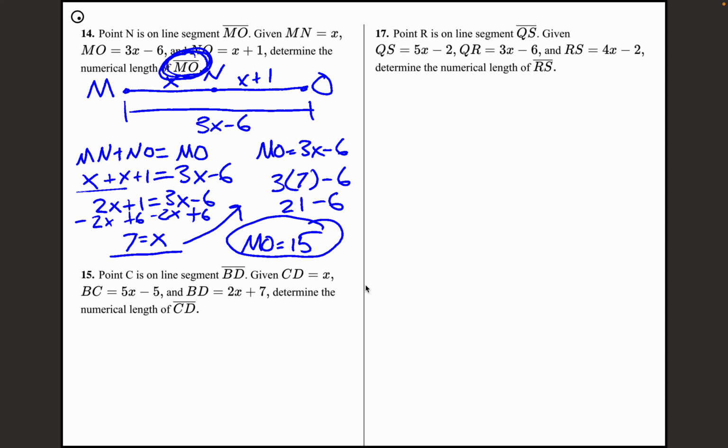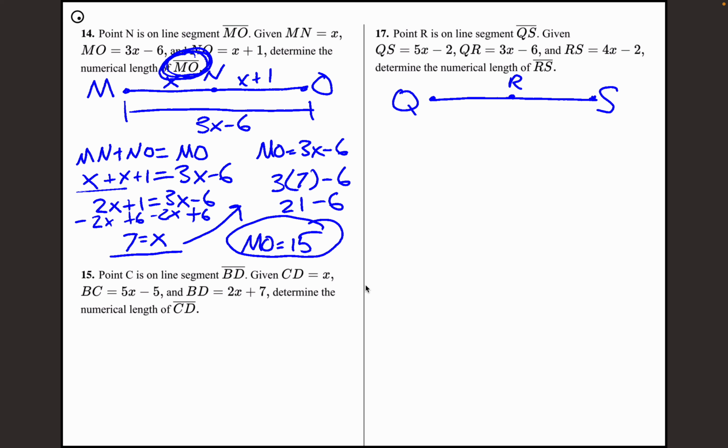Perfect. Let's go ahead and go to number 17. Point R is on line segment QS. Again, before I read anything else, I'm going to draw this out. I have QS, that's my line segment, and point R is on that line segment. I'm going to put that right there.